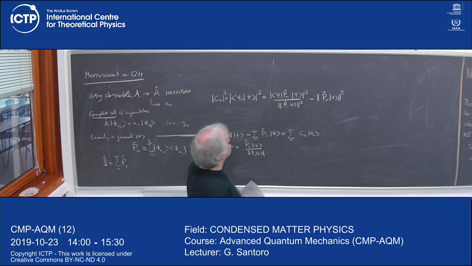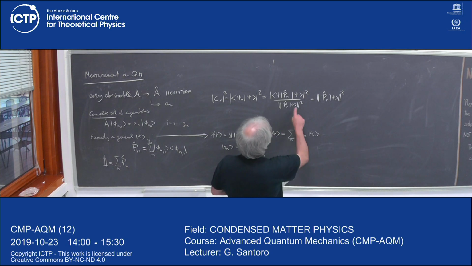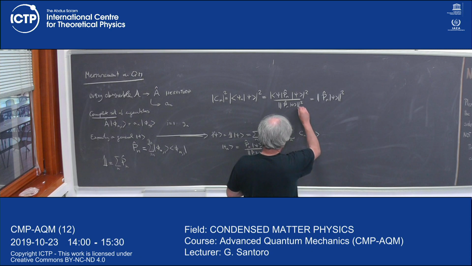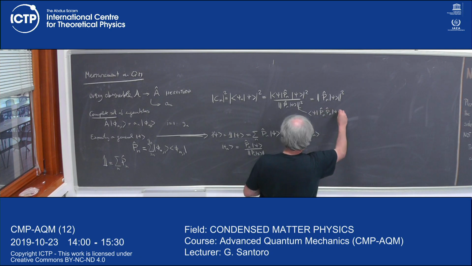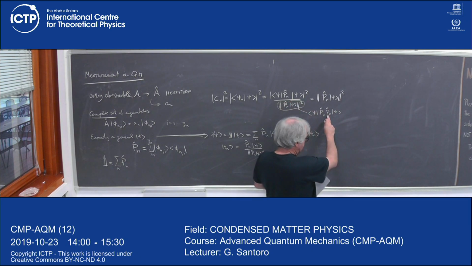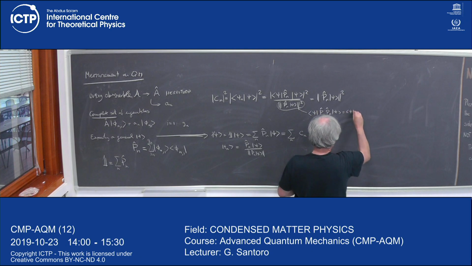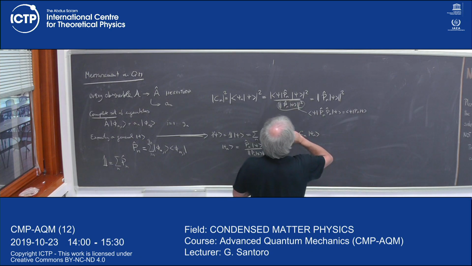To show this, I remind you that this denominator here can be written as psi Pn psi. You see the denominator here? But Pn squared is Pn. So this is also psi Pn psi. And what about the object upstairs?